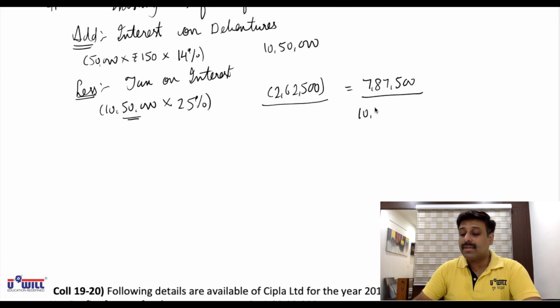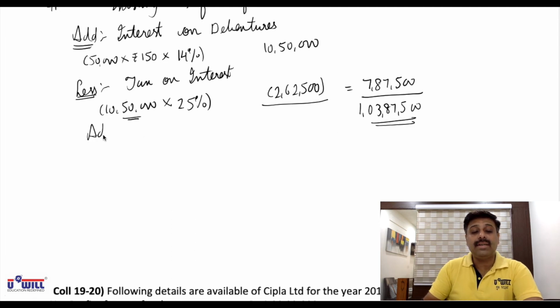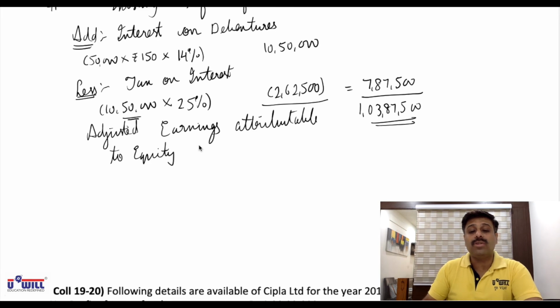So 1 crore 3,87,500 will be the adjusted earnings available or attributable to equity shareholders. Means in future, what profits will be available for equity shareholders when debentures get converted into equity shares? 1 crore 3,87,500. These are adjusted earnings.